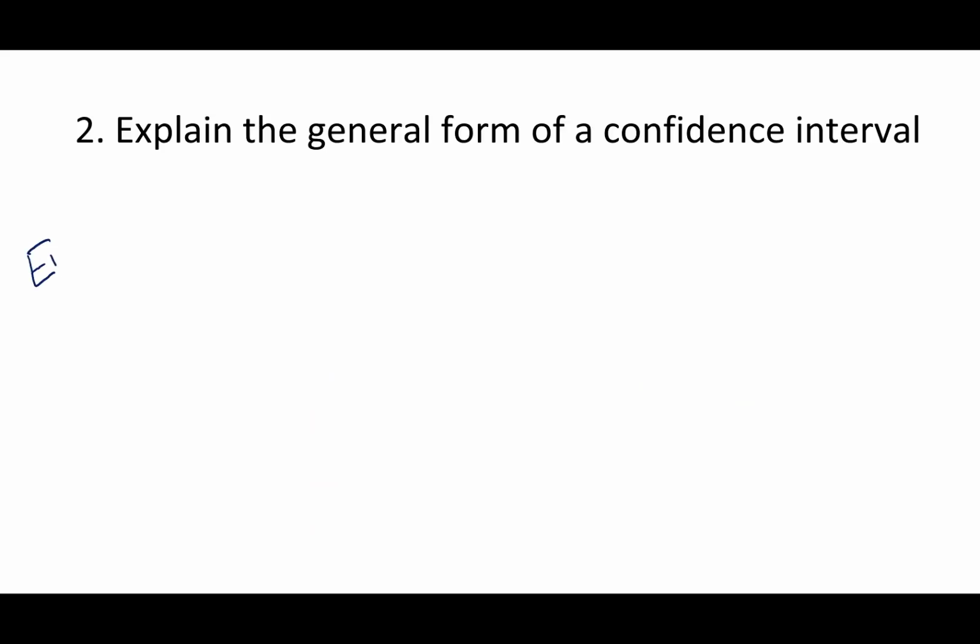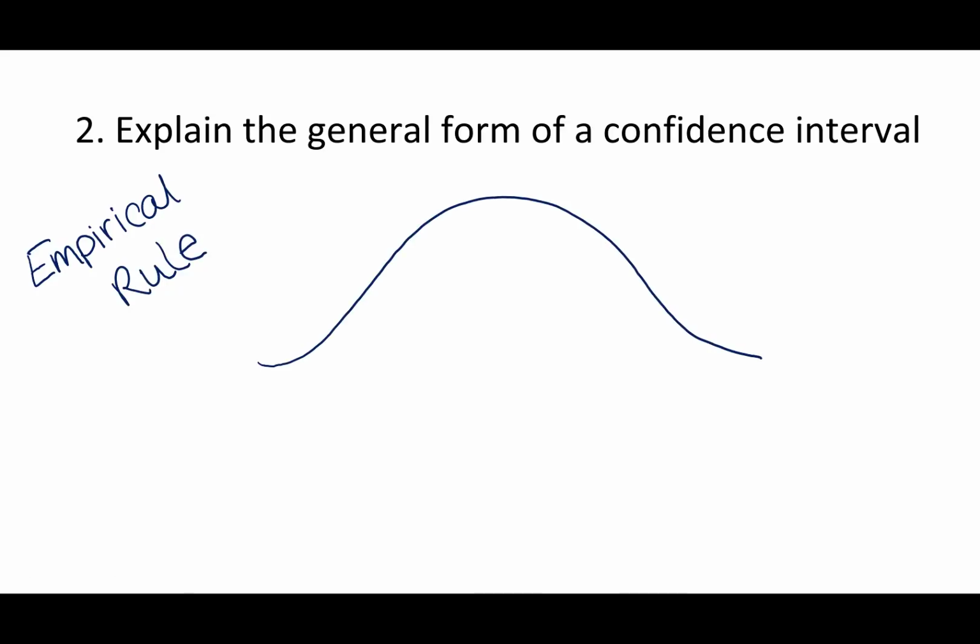According to the empirical rule, on a normal distribution, the middle 68% of observations will fall between plus and minus 1 standard deviation of the mean.